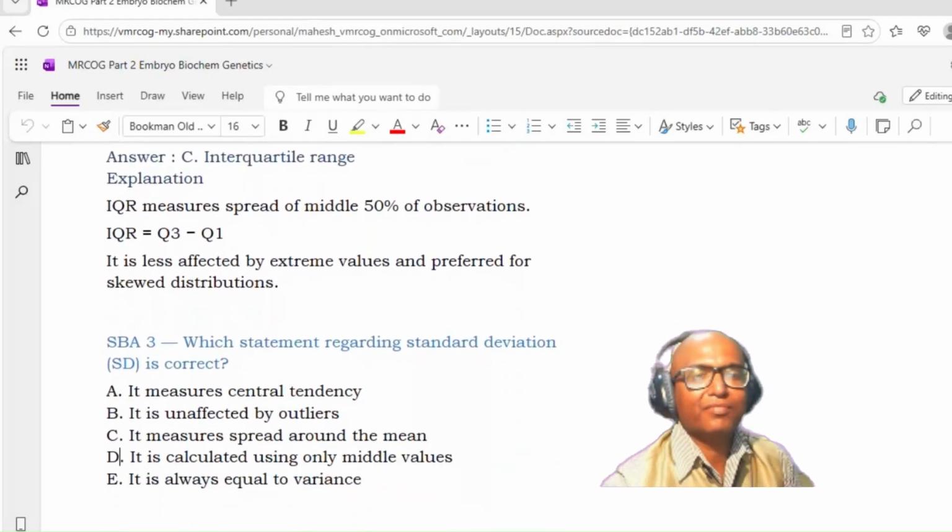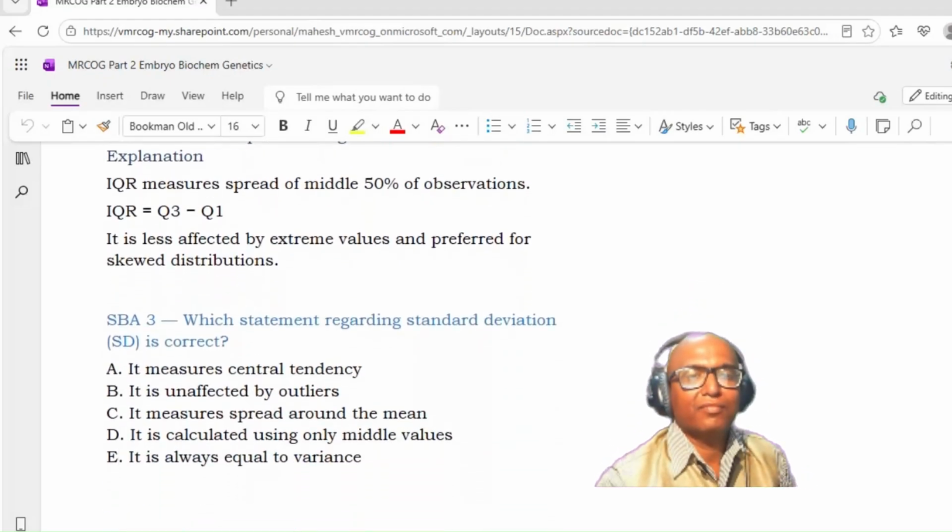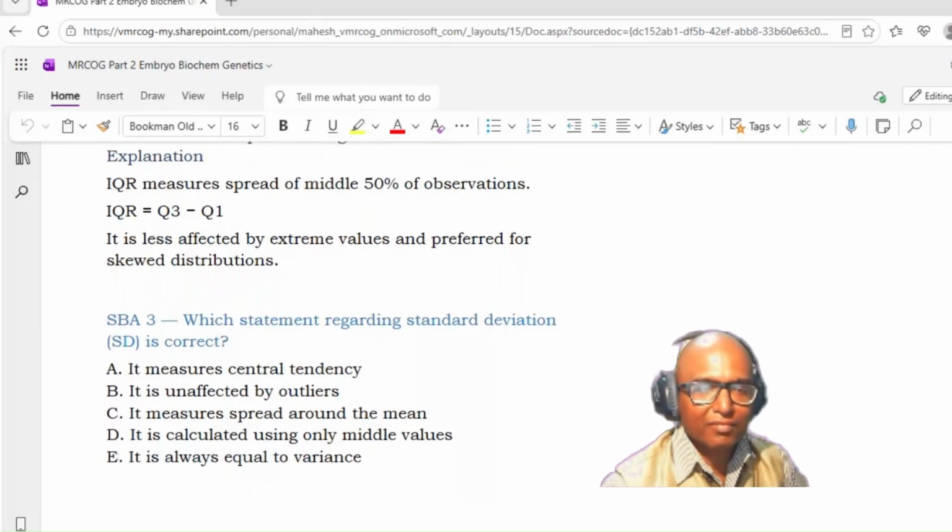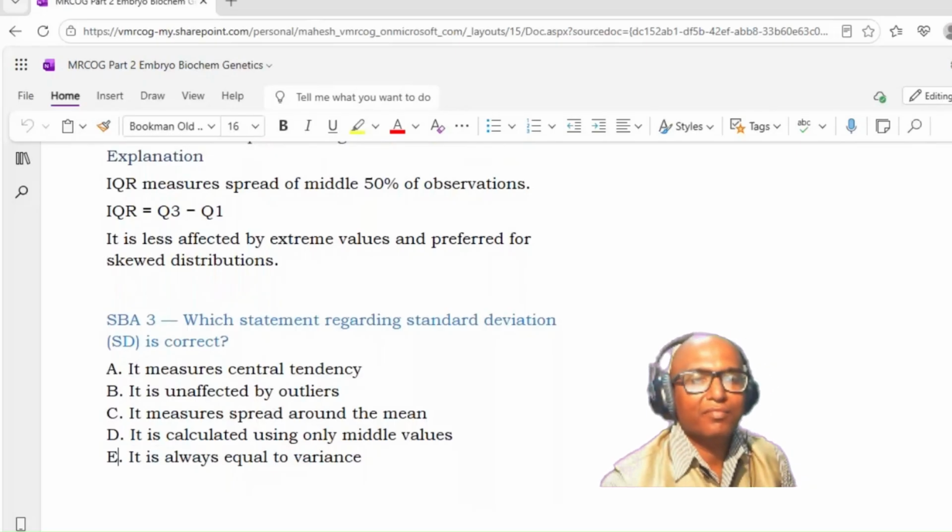Next. Which statement regarding standard deviation is correct? It measures central tendency. It is unaffected by outliers. It measures the spread around the mean. It is calculated using only middle values. It is always equal to variance. So option C, it measures the spread around the mean.